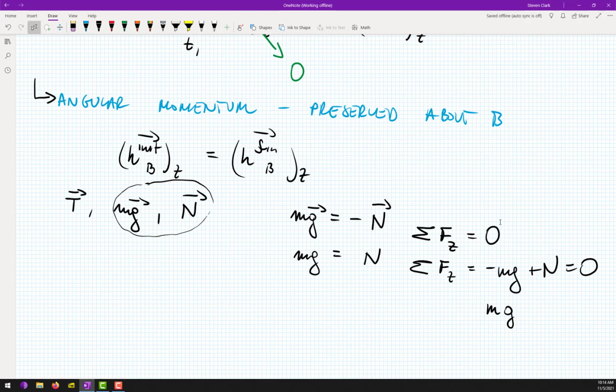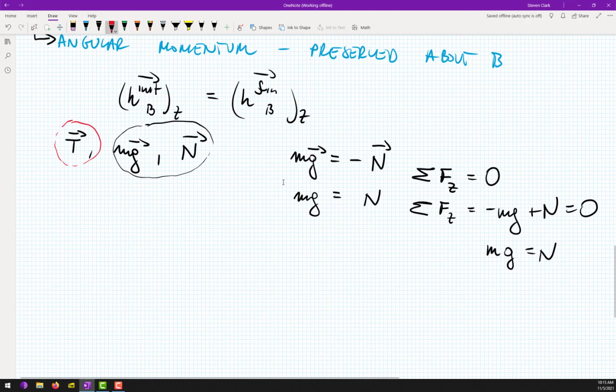Even if there was, it would cancel out anyway because they cancel out each other. So the only force that can actually cause angular momentum change is T. So let's see what is M_B of that force. If I remember correctly, the definition of the moment is this position vector times the force.